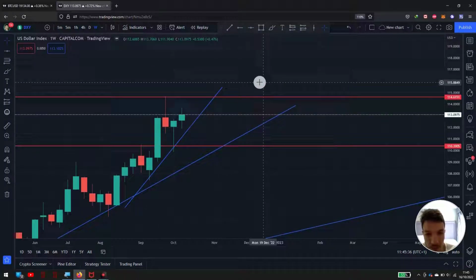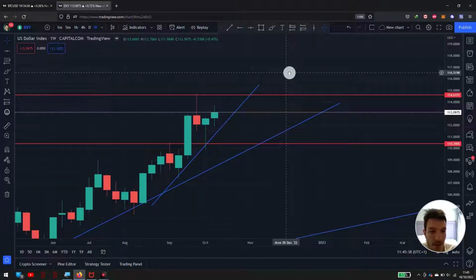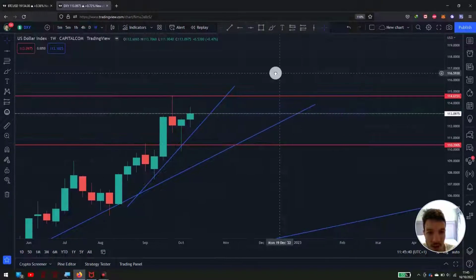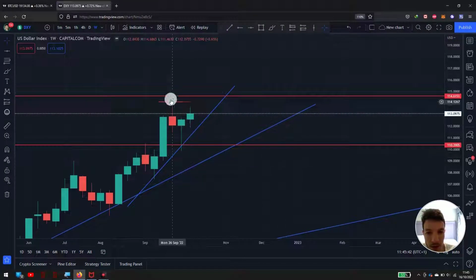All right, so for the US dollar index, you can see that we are sitting around here and here. We are going up and down, up again. But you can see that once we reached this level, we made a pullback to this level here. We used it as a support once we made a pullback, and then we went up.